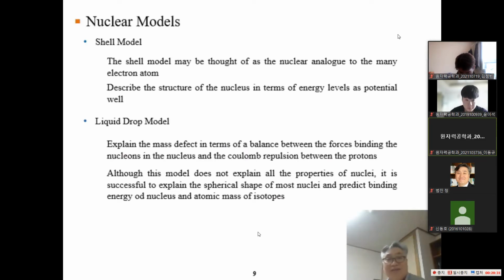Now, nuclear models. Let's think about a model. When I was an elementary school student, I visited a science museum and saw a model of glucose, or a model of sugar. I wondered whether this model was sweet or not. Actually, it is not sweet.